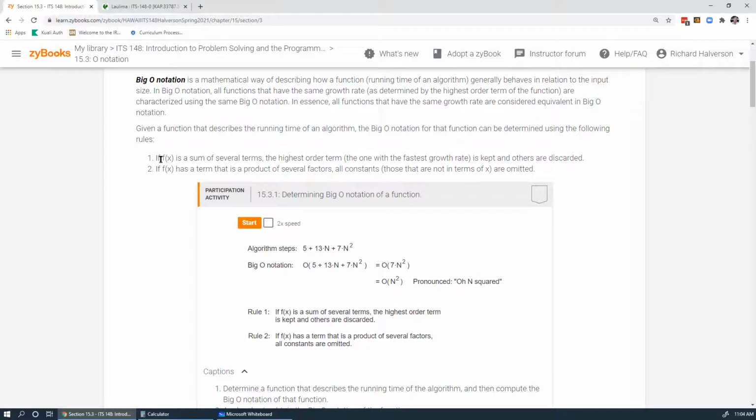The first one is if this function is a sum of several terms, you only look at the highest order one. Here you've got a 5, a 13 times n, and a 7 times n squared. Well, the highest order one is just n squared.